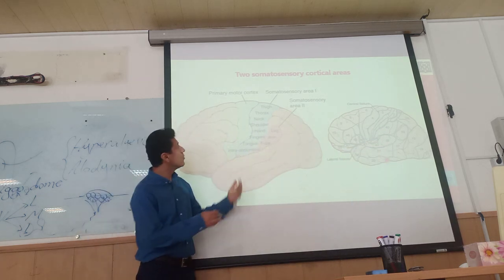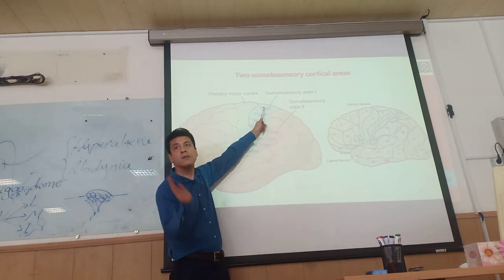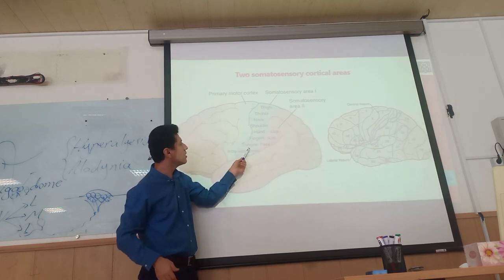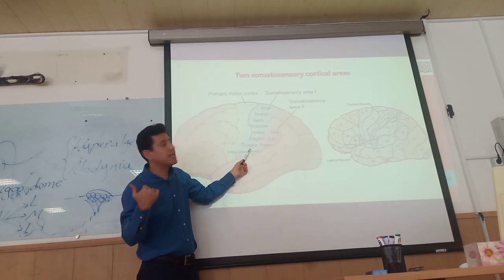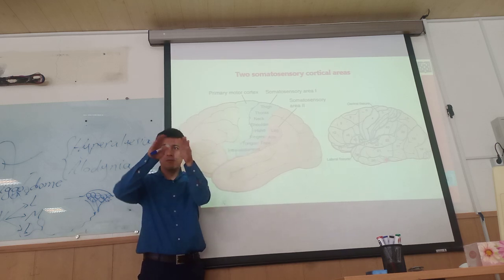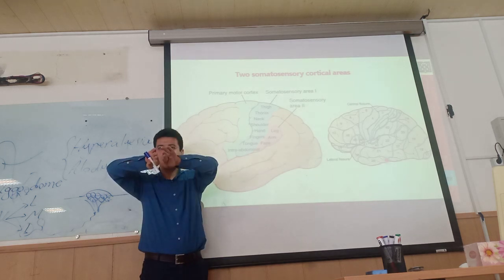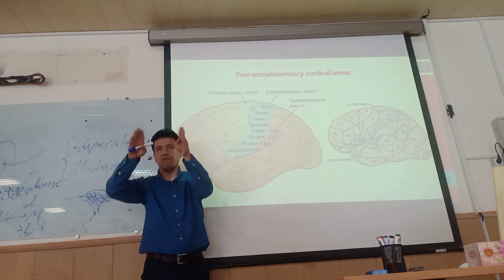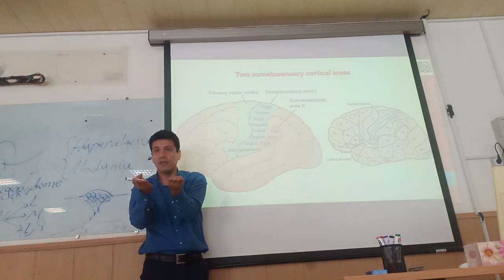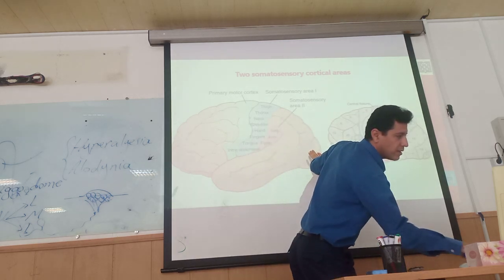Now let's see the orientation. The thigh is located medially, the face and tongue are located laterally. The trunk is located in the middle part. So you should have an understanding of the brain.